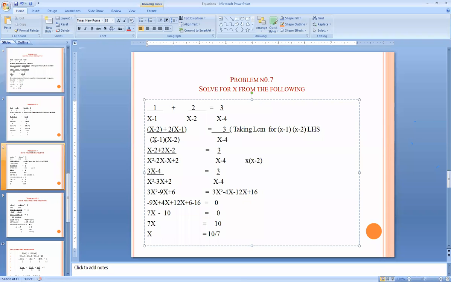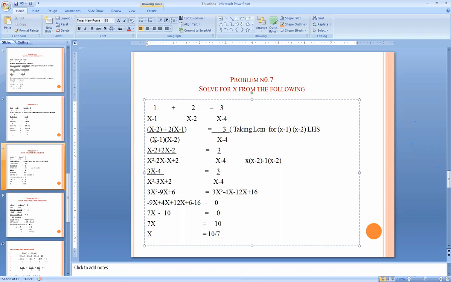Two times you should multiply x with this bracket, x minus 2. Again, one more number here. What is the other number here? It is minus 1. With that minus 1, again you have to multiply x minus 2. Are you followed? This is the product that we have written here. Are you seeing? Can you see this one?